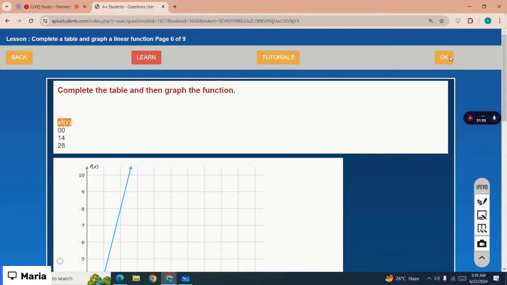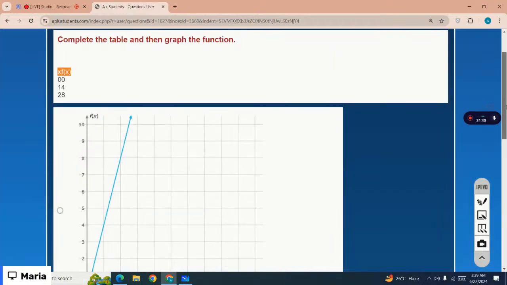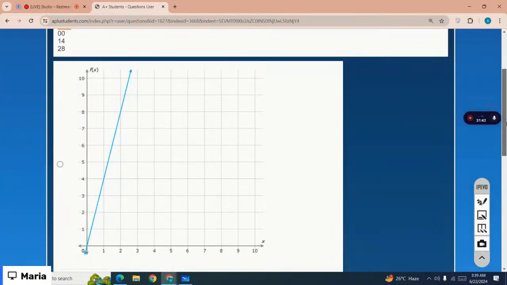Okay, complete the table and then graph the function. So let's see which one is the correct option, option number one or option number two.